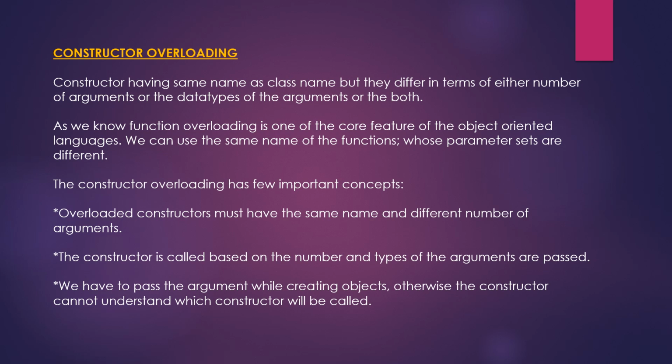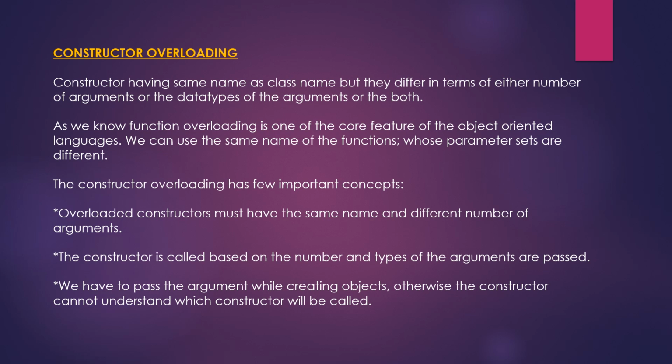In a constructor, as we know, the name is the same as the class name, so whatever the name of the class is, the same name will be for the constructor as well. And when we see more than one constructor in a program, that means it has the concept of constructor overloading.